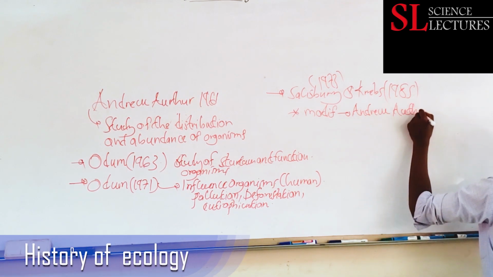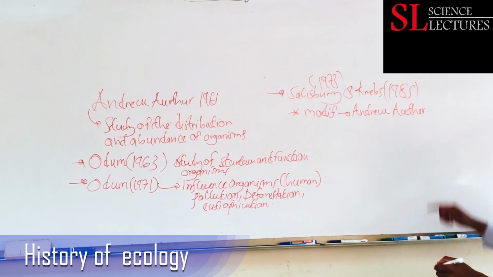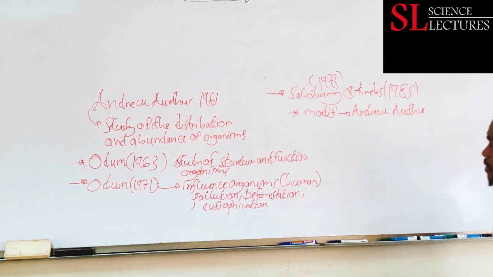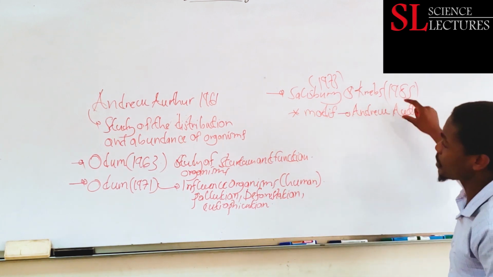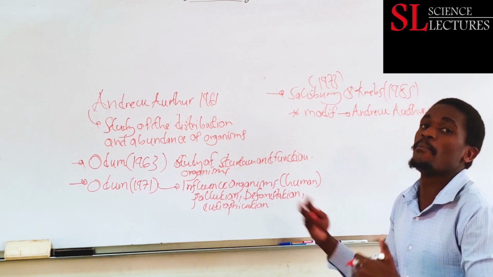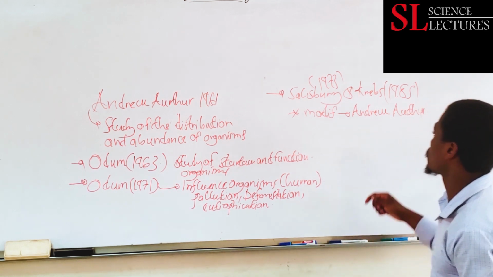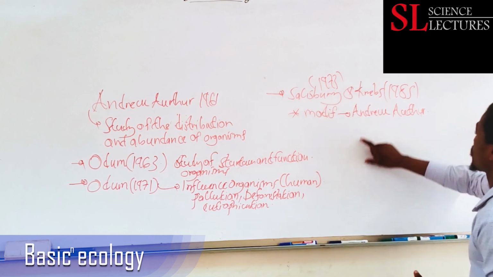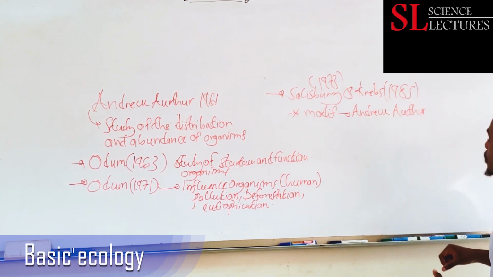Remember, we said Andrew Arthur said that ecology is simply the study of distribution and abundance of organisms. So when these two came in, Salisbury in 1973 and Krebs in 1985, they modified Andrew Arthur's definition.